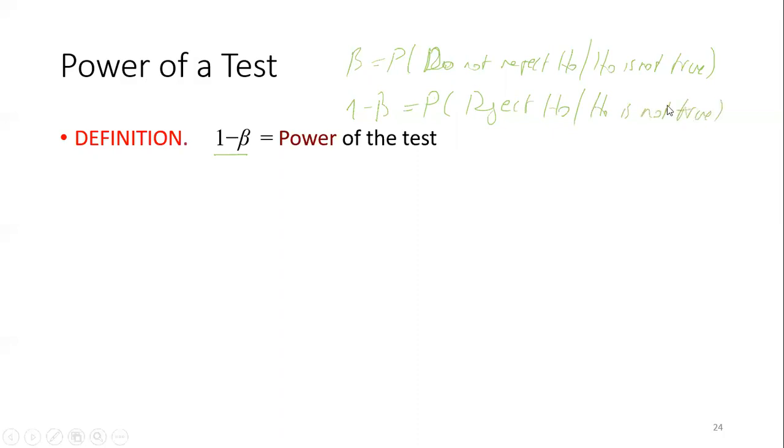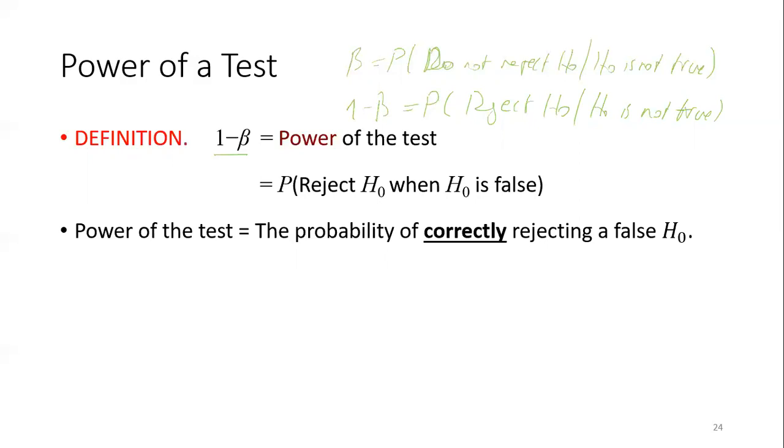So the power is, in fact, the power of the test to say wrong to something which is wrong, okay? So if you can reject the H0 when it is not true, then that's the power of the test. That probability is the power of the test, okay?